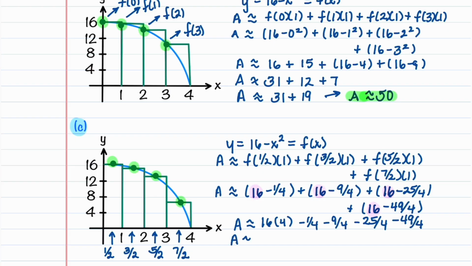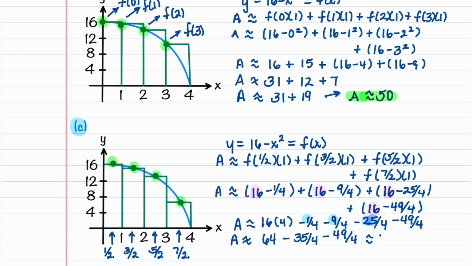Let's see what this gives us. 16 times 4 is 64. And let's do this in pieces. Let's look at these pieces first. We have minus 1, minus 9. That gives us minus 10. And then minus 25, so that is minus 35 over 4. And then our last one is minus 49 over 4.